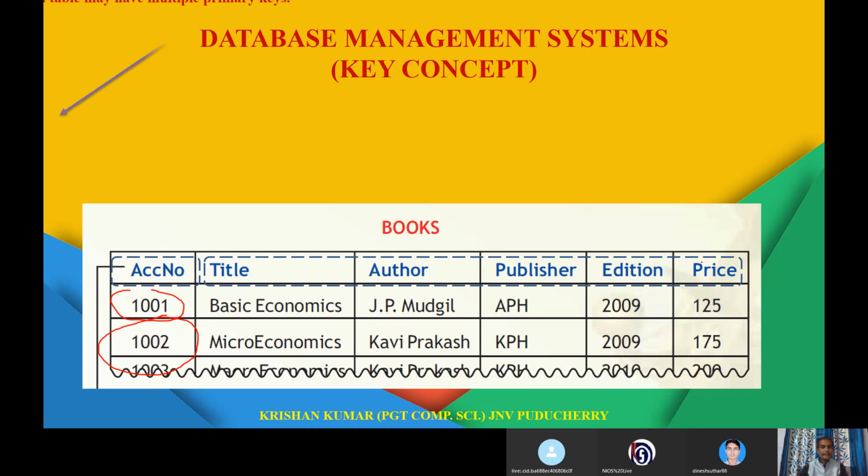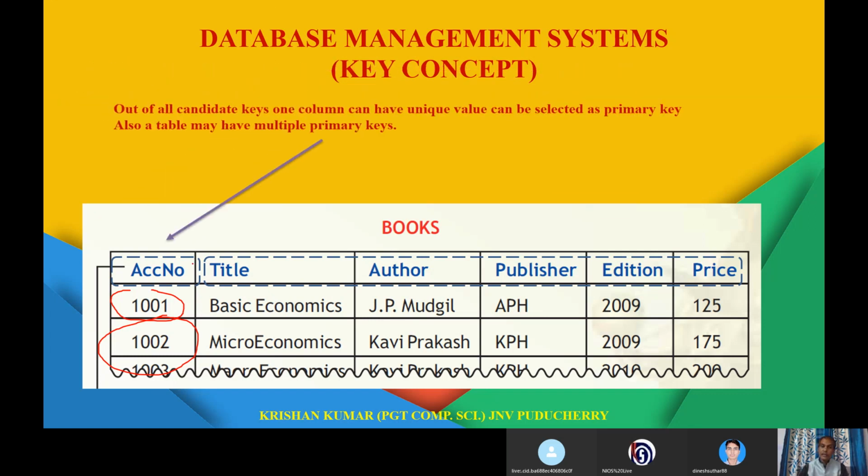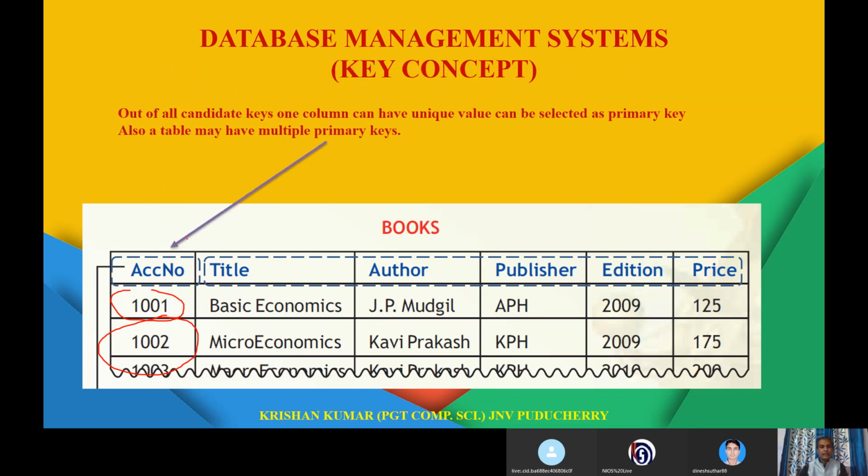Out of these candidates, a single column which holds unique values can be assigned as the primary key. Is it clear to everyone? Out of all the candidate keys, one column can have unique values, and multiple columns can also have unique values. No issue. But I have given the example of a single column with unique values, so it is selected as the primary key.